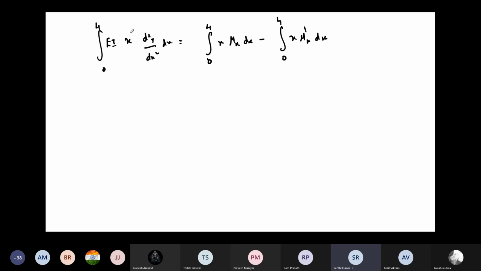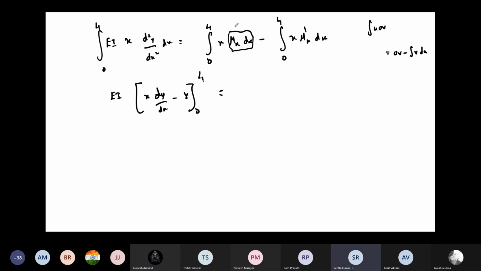You know that this is the u dv method, so integral u dv equals uv minus integral v du. When you do that, you will get EI into x dy by dx minus y, from 0 to L1, which is equal to, what is this?